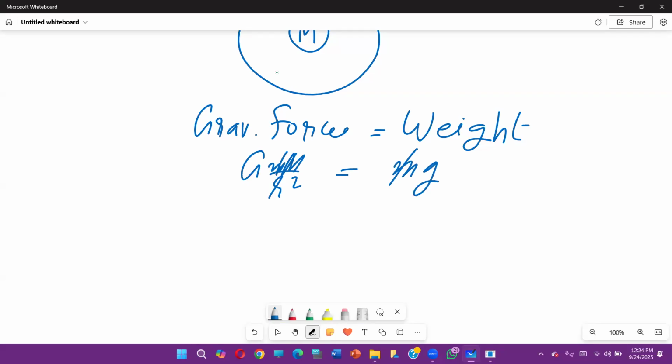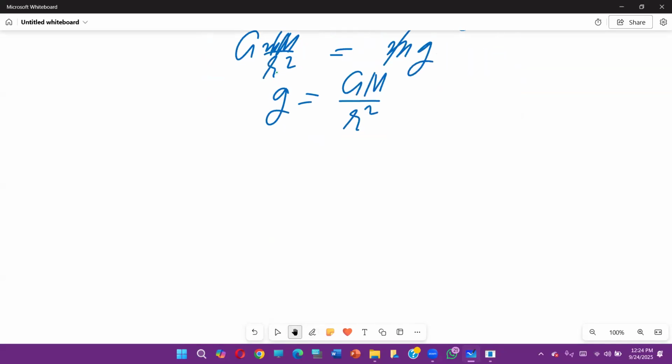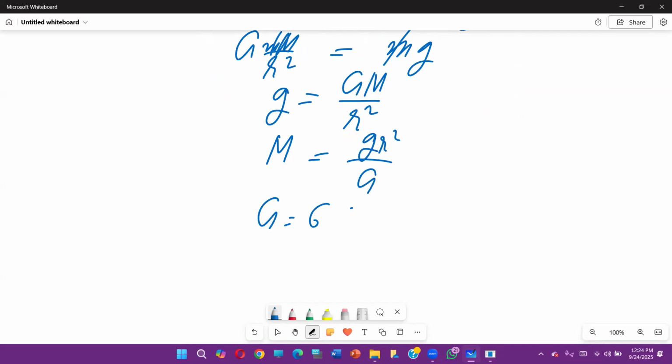Okay, good. m cancels. g is equal to GM upon R square. This formula can be rearranged for a rare question also, that M is equal to g R square upon G. And what's the value of G?